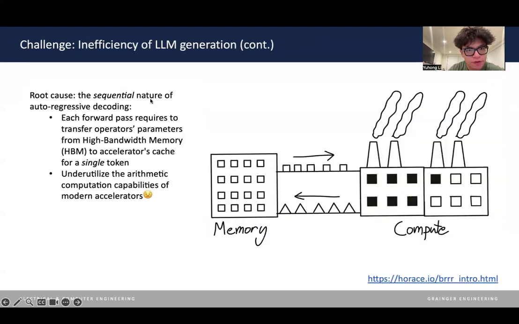Yep, this shows the nature of autoregressive decoding. As we mentioned, each time we decode one token by one token by one token, which underutilizes the arithmetic computation capability of the modern accelerator.